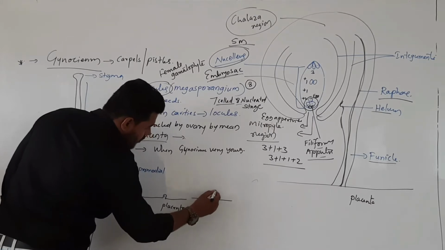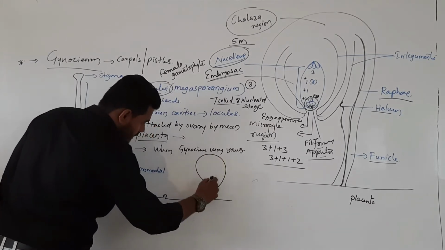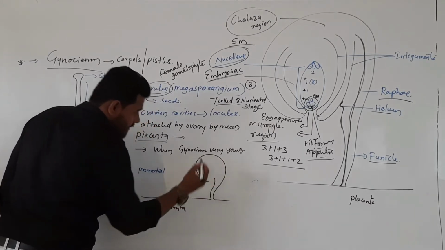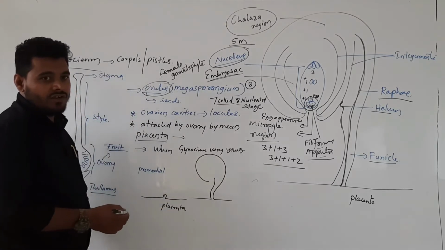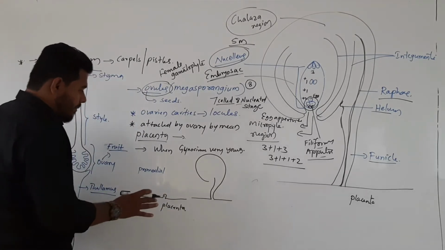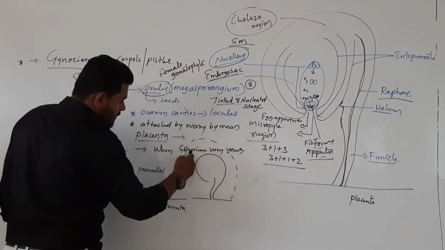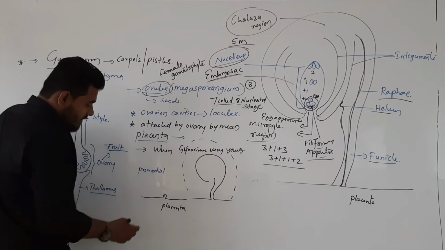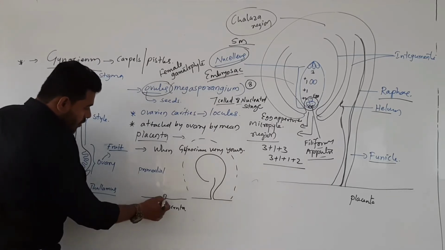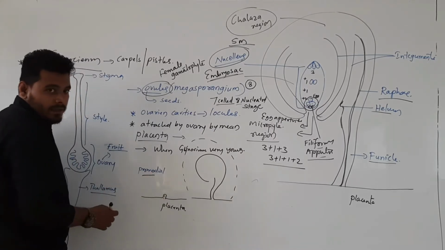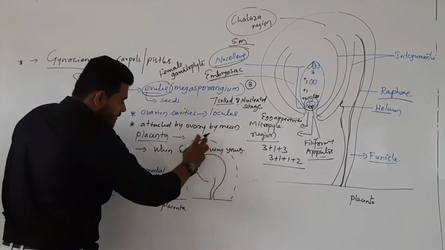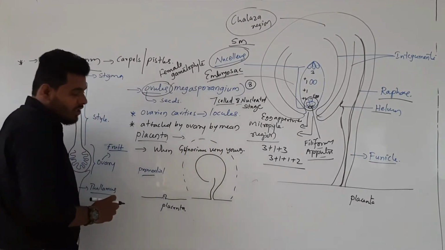This outgrowth increases and forms an ovule-like structure in a particular ovary. Remember, this takes place inside the locules. So in the first early stage it grows out as a primordium, and later on it develops into a particular ovule shape.